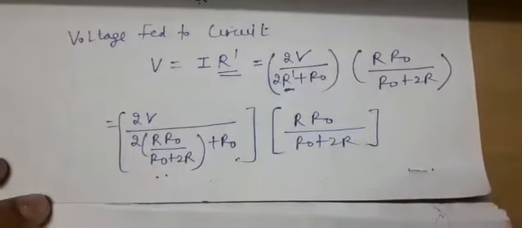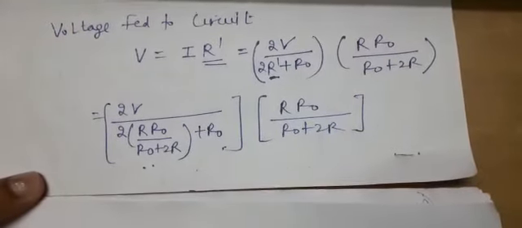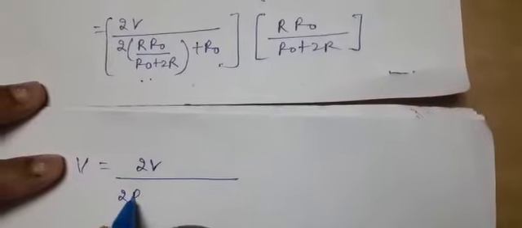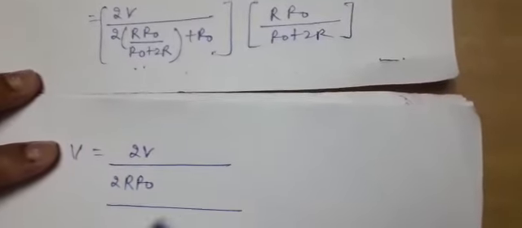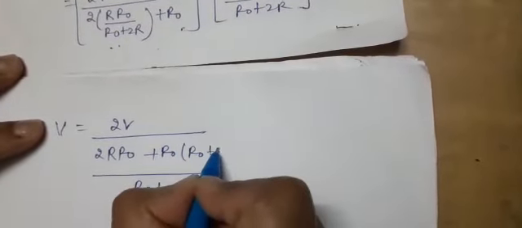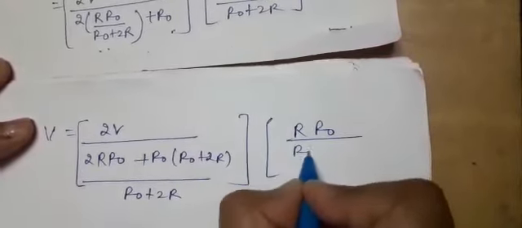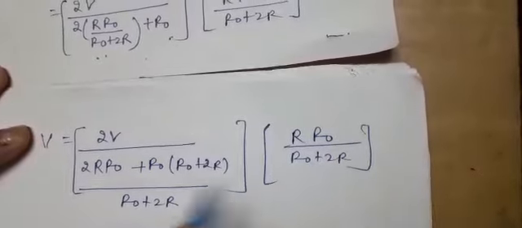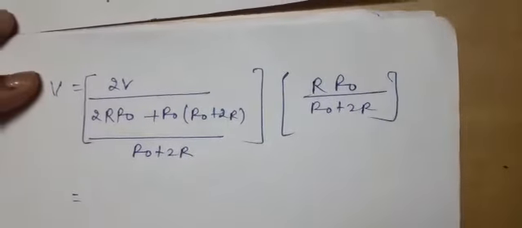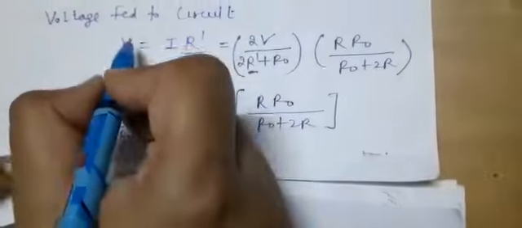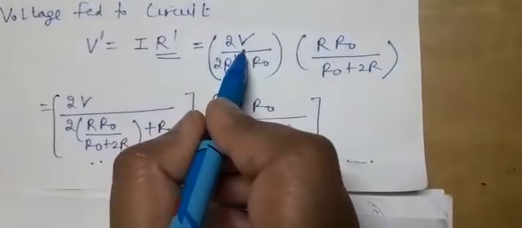See how. So now V will be 2V upon, in the denominator, 2R R0, as LCM we are taking R0 plus 2R, plus R0 plus 2R, multiplied by R0 upon R0 plus 2R. Here, let me change the symbol of this potential drop to V dash, because V has already been given as the voltage.